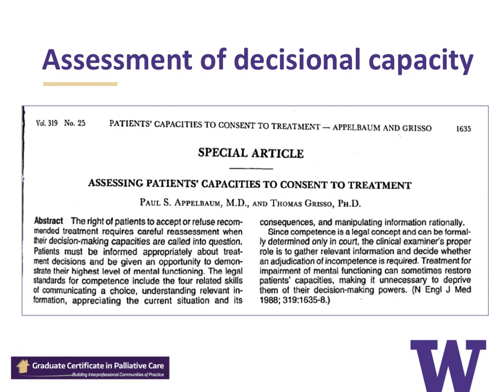So how do we assess decisional capacity at the bedside? We use 4 abilities related to decisional capacity, first described by Appelbaum and Grisso in the New England Journal of Medicine in 1988.